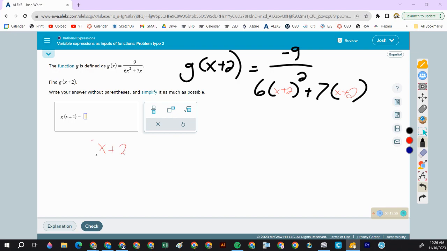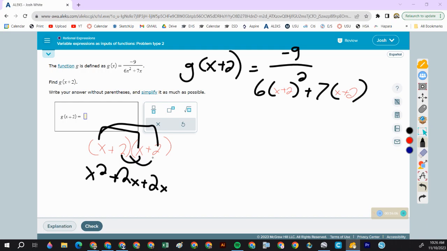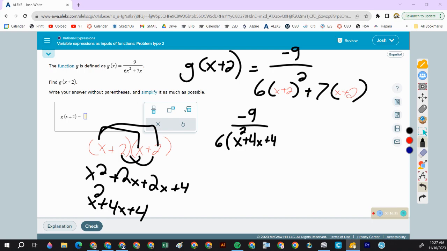So x plus 2 times x plus 2, x squared, 2x, 2x, 4. So x squared plus 4x plus 4. So -9 over 6 times x squared plus 4x plus 4 plus 7 times x plus 2.